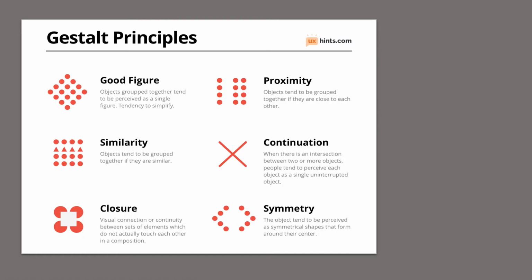All right. So spacing. It's important that you follow these Gestalt principles with regards to spacing. I'll maybe touch one or two of them and we'll continue. It says that objects grouped together tend to be perceived as a single figure. So if you group a lot of objects together, maybe you have like 3 or 4 cars that you've grouped together, to the eye it would be seen as one thing, or they are related.